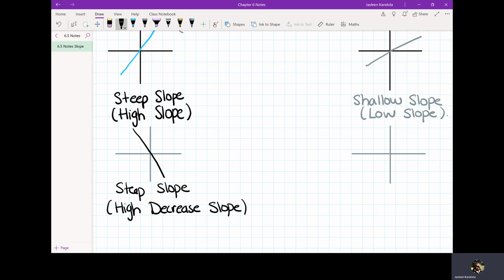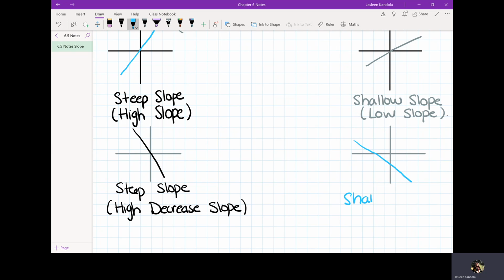And then when we look at this one over here, again, this would be a shallow downwards slope. Not steep, shallow, sorry.